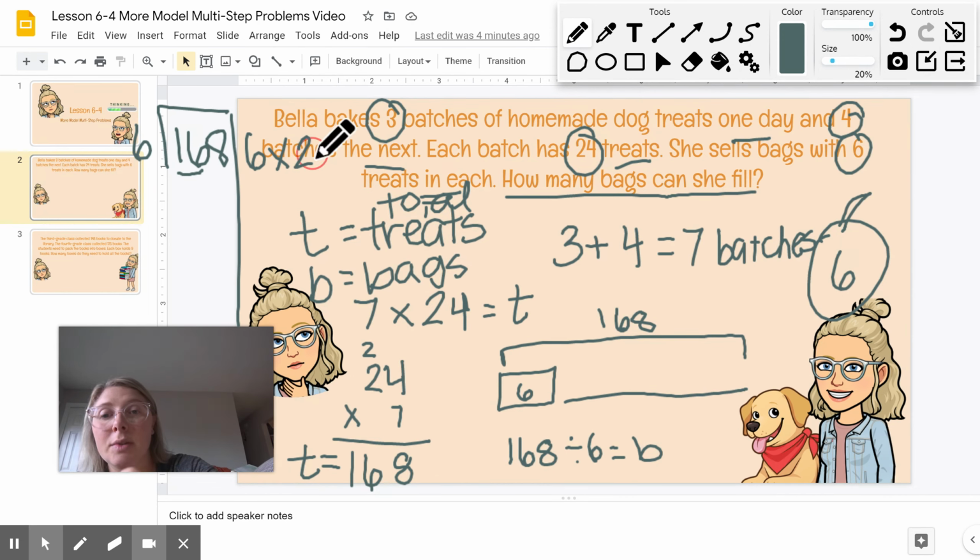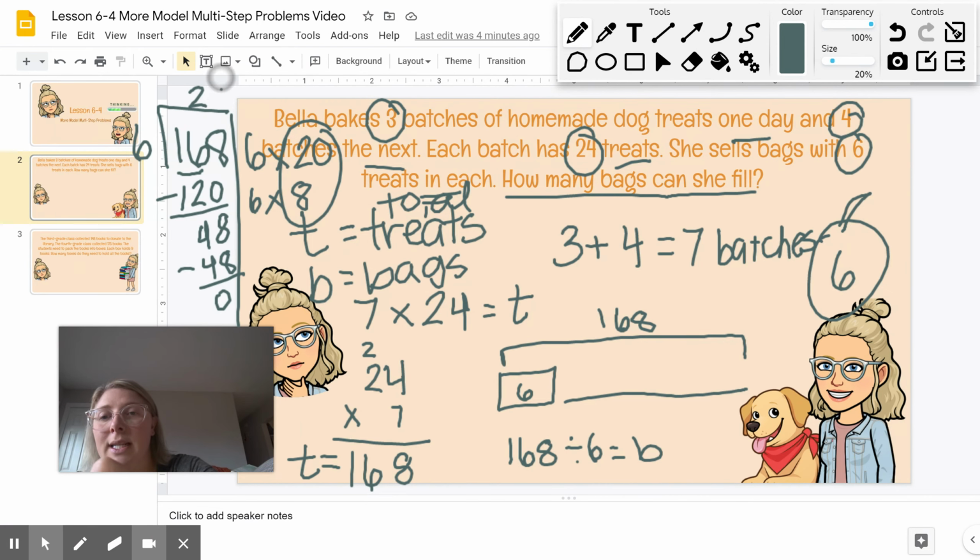So I could do 6 times 20 and get me 120. Could I do 6 times 30? No, because it would get me 180, right? Okay, so let's subtract 8. 6 minus 2 will get 4. And then we're left with a basic fact. 6 times 8 is 48. We have nothing left over.